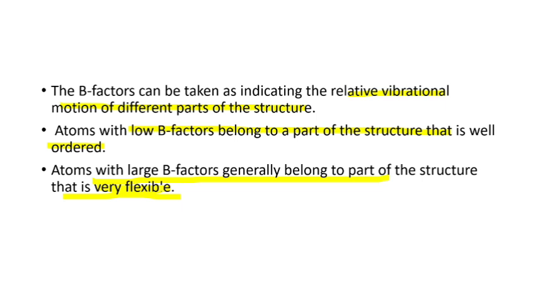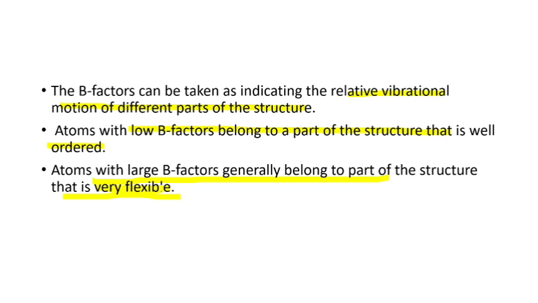It is not ordered. So B factor and occupancy tell about the flexibility or orderness of the atoms, of the parts of the structure, present in a particular protein, or the orderness of the atoms present in amino acids.